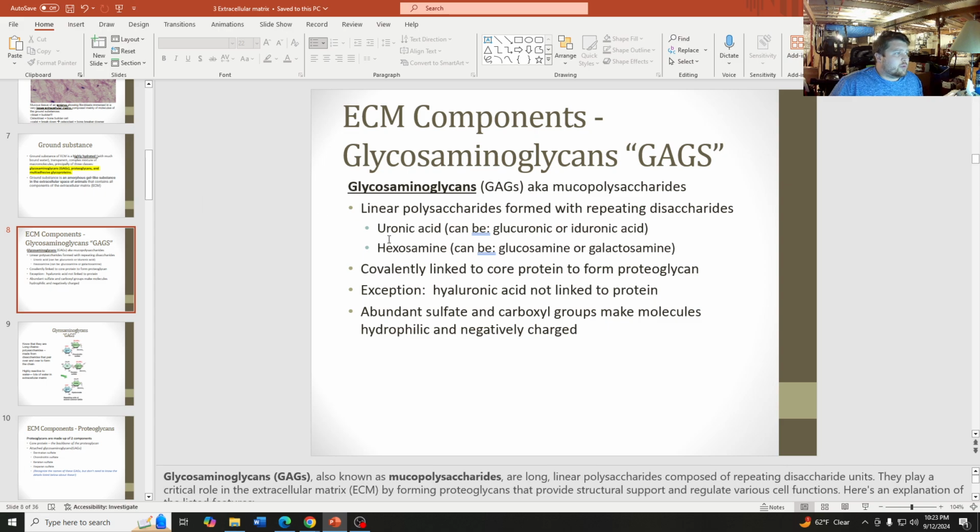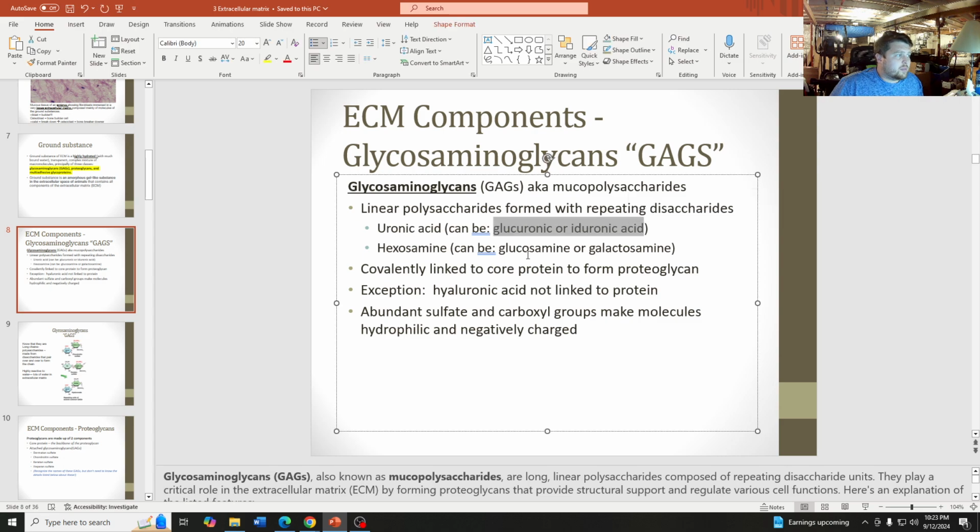So we have these two. We have uronic acid, which can either be glucuronic or iduronic acid. So we have a uronic acid, one of these two, combined with a hexosamine, which can either be glucosamine or galactosamine.